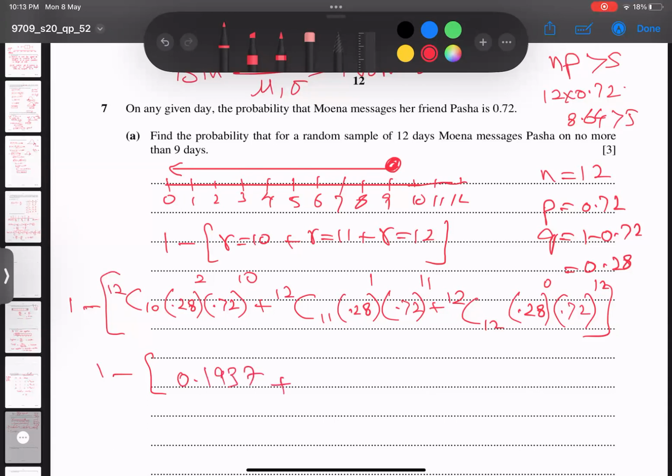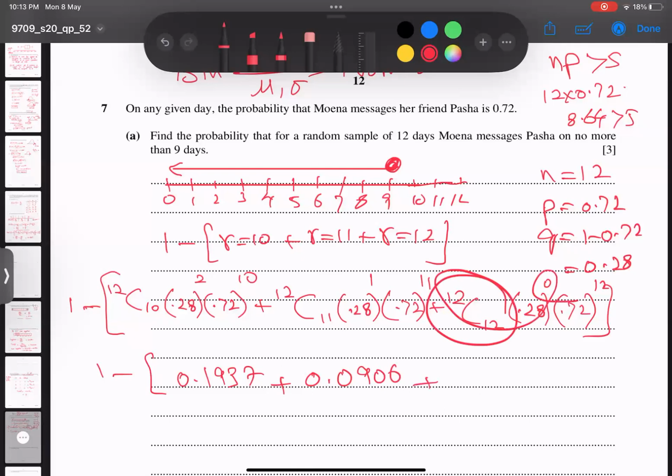The other one, let me check. And second value is coming with us 0.0906. And third is 1.